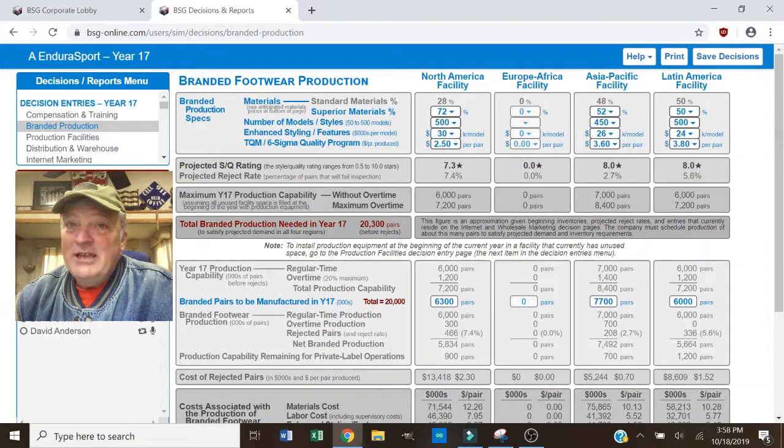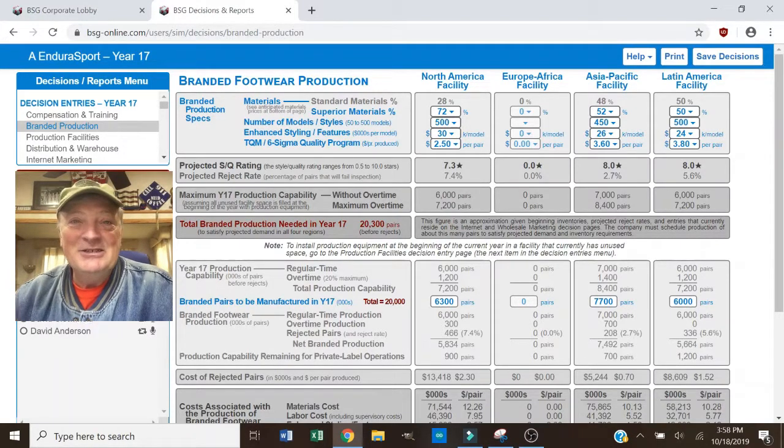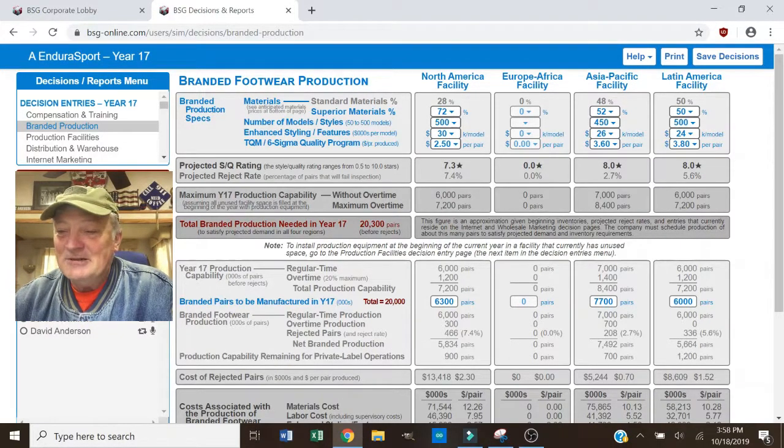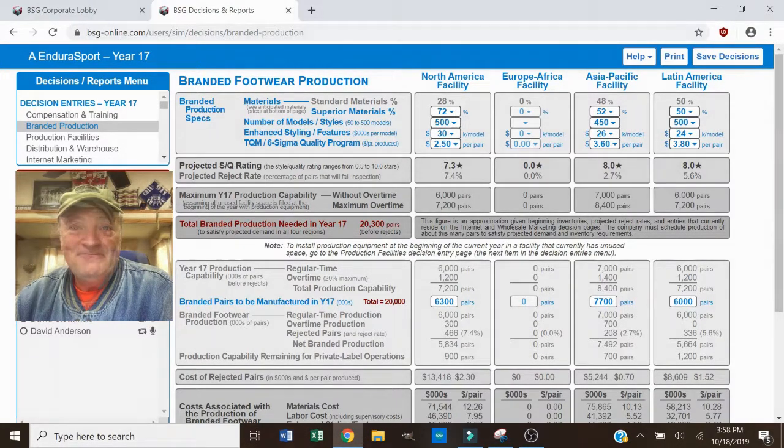So you don't want to ignore that. You want to start contributing into that pile, and some people contributed quite a bit. As you can see, I'm right around the $3.50 range, somewhere around in there. I probably should be a little bit higher in North America because my rejection rate is pretty high, 7.4%. But don't ignore that, okay?